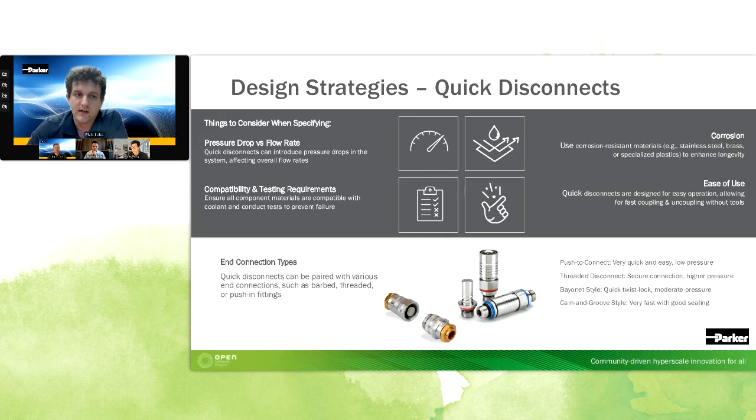The other thing that you want to look at with quick disconnects is your compatibility and testing requirements. For example, if you're trying to use single-phase quick disconnects with refrigerants, you've got to worry a lot about your pressure requirements. Refrigerant has much higher pressure ratings.